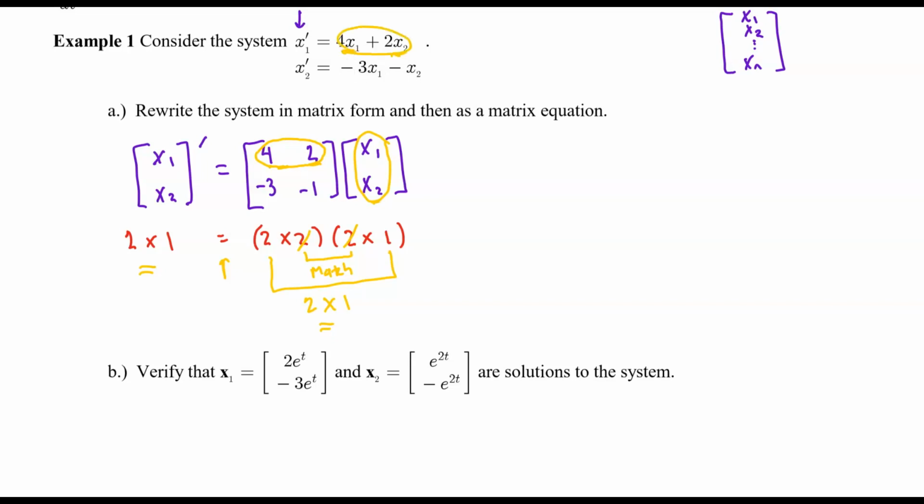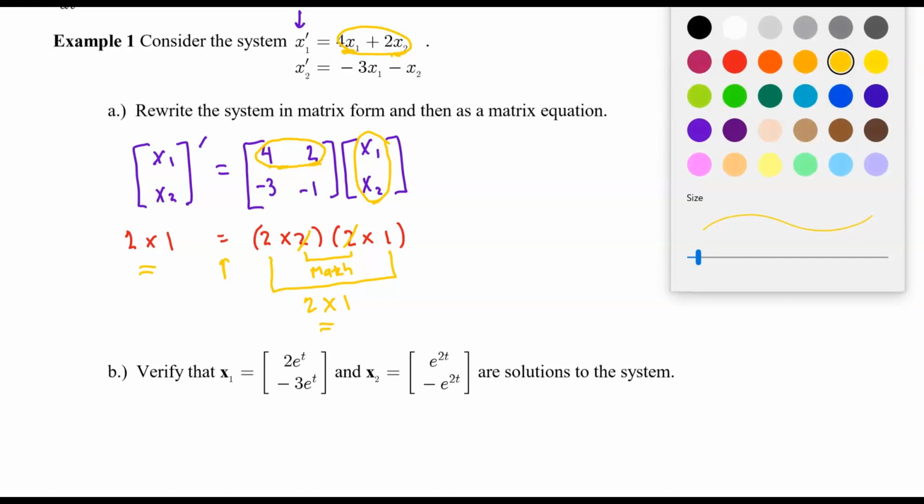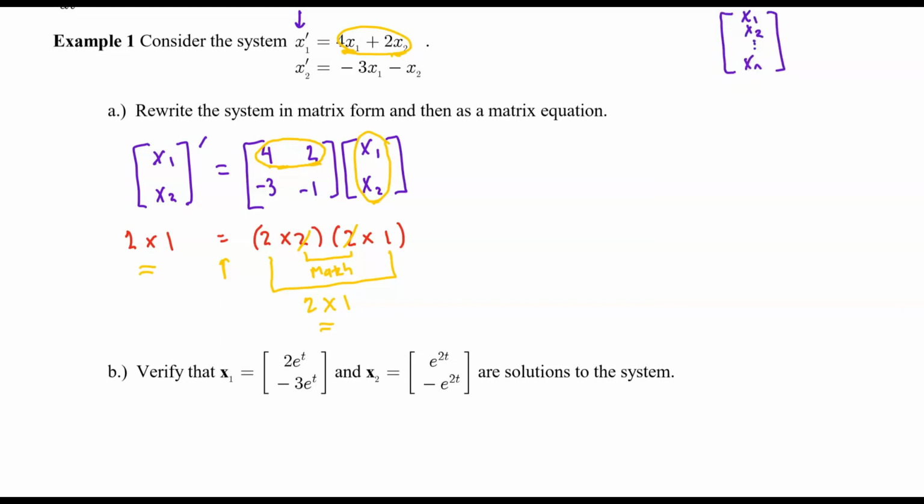So that's going to be one entry over there on the right side. Then once I have the entry in that spot, I'm going to find the entry in row 2, column 1. To do that, I'm going to multiply row 2 by column 1 here. So we have negative 3 times x1 plus negative 1 times x2 to get this side.